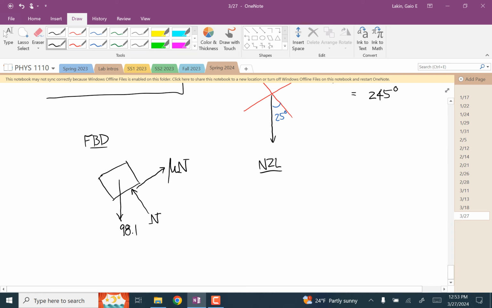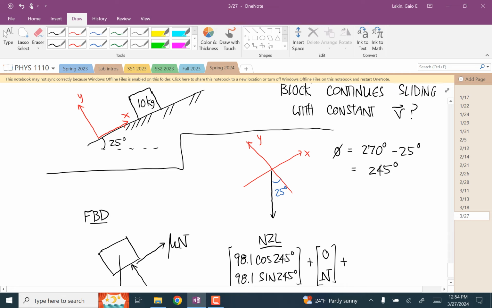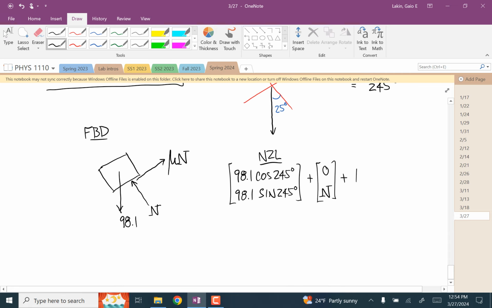So now Newton's second law says 98.1 times the cosine of 245, 98.1 times the sine of 245, plus 0, n. The friction force is in the positive x direction, so plus mu times n, 0.